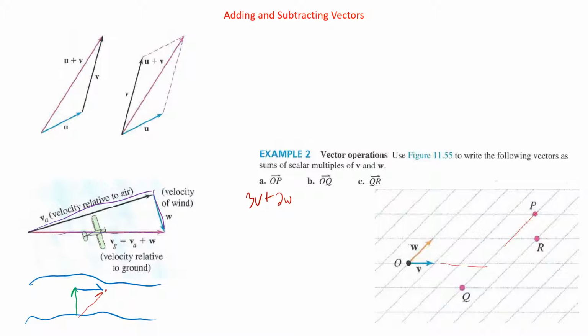O to Q, that would be this distance. We'd again have the 3v, and then a negative w. So we'd have 3v minus w. And then QR, so starting at Q, going to R, we'll have 1v and 2w.